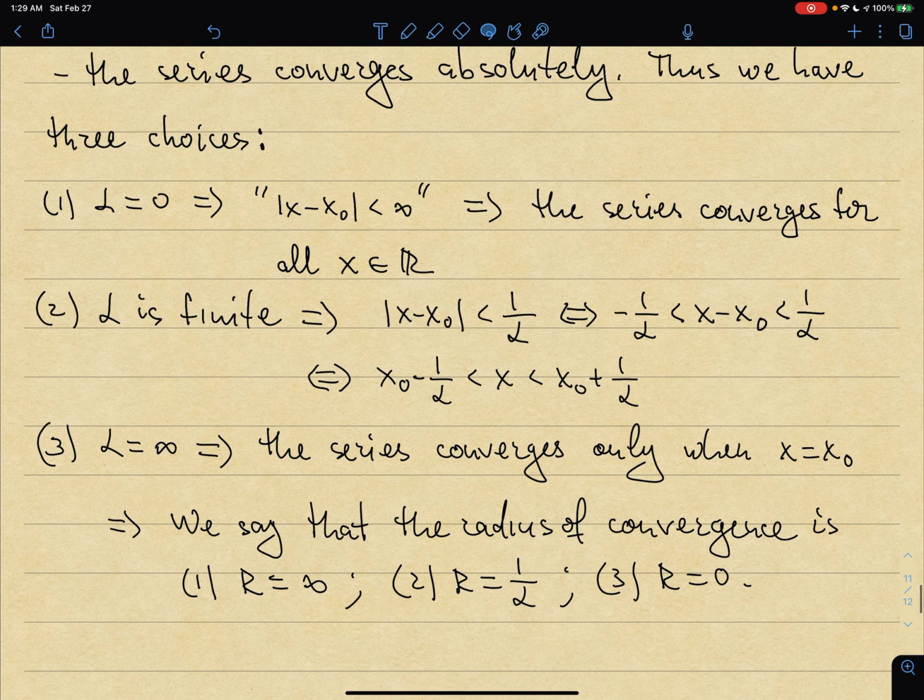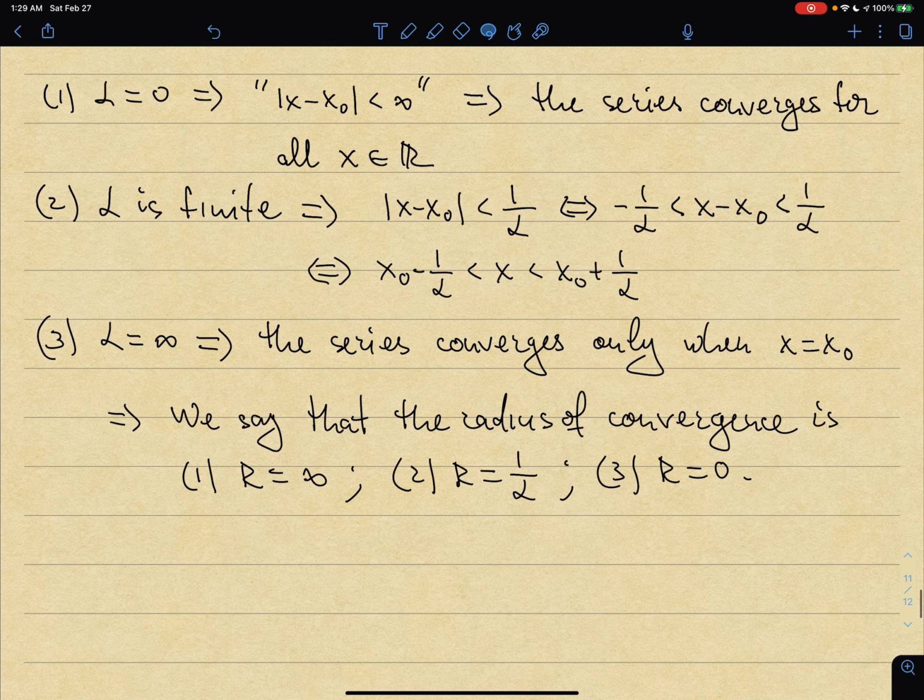I did not actually make this definition, but I will simply say it in words. The domain of a series is going to be called an interval of convergence, and the interval of convergence is always centered at x0. And that's the reason why x0 is called the center of a series.